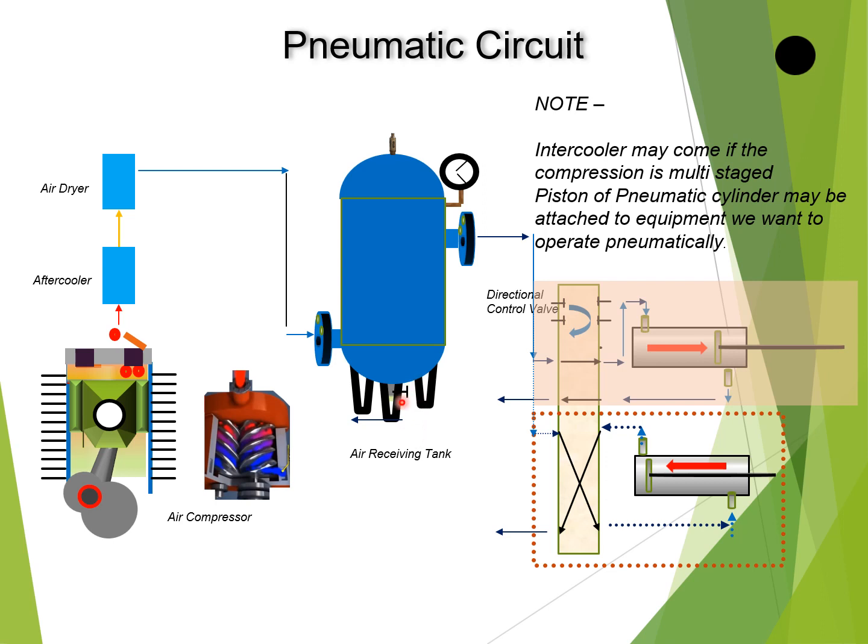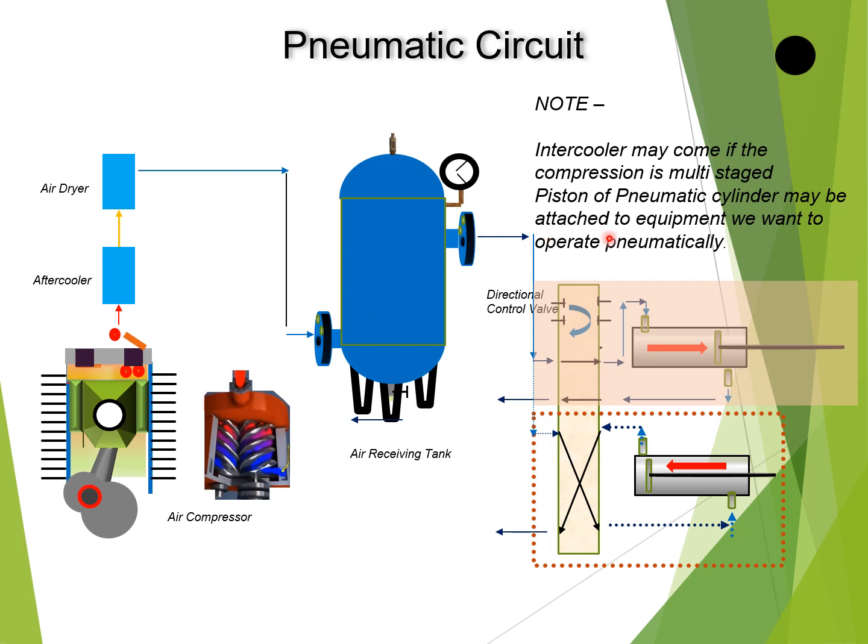An auto drain system is also available, which people normally attach to the air receiving tank. This is a single stage compressor. If we have a multi-stage compressor, then an intercooler will also come between the two stages.